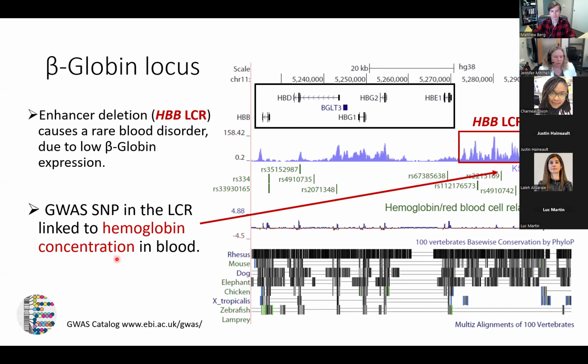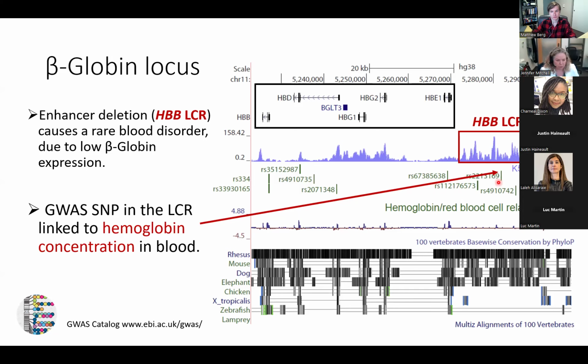This is not a disease state, but more of a phenotype: individuals with a different version of this SNP will tend to have a different concentration of hemoglobin compared to individuals with the other version of the SNP. And we still don't really understand how that polymorphism is affecting the function of this enhancer. So there's still a lot to be learned, even for enhancers that we've been studying for many, many years.